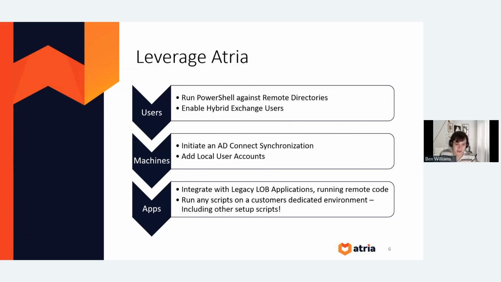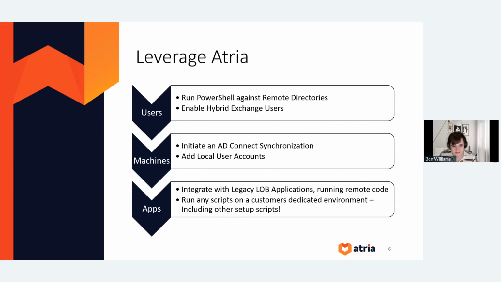And then from an app perspective, we integrate with legacy line of business applications. So if you've got something that is out of date or old, you can use Atria to run on that environment and configure that for you without needing to log in, as well as running remote code.